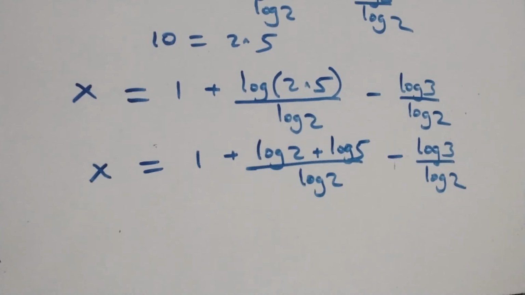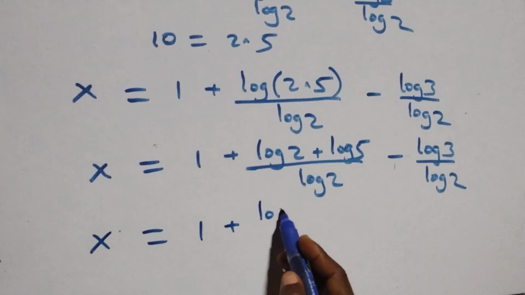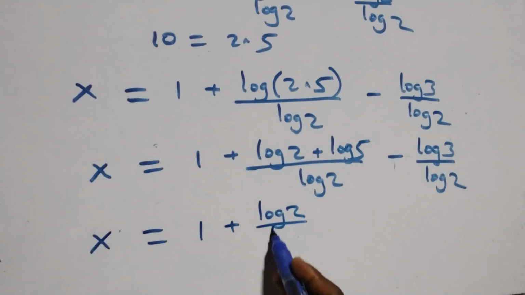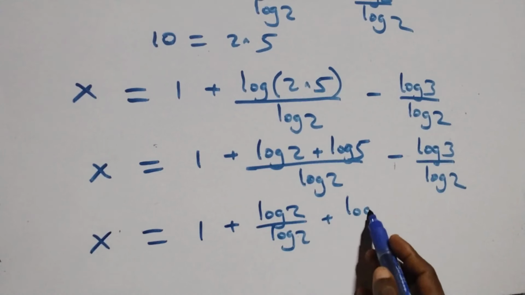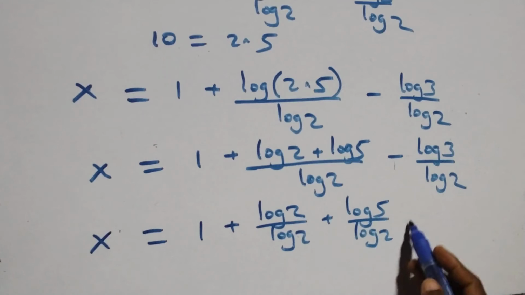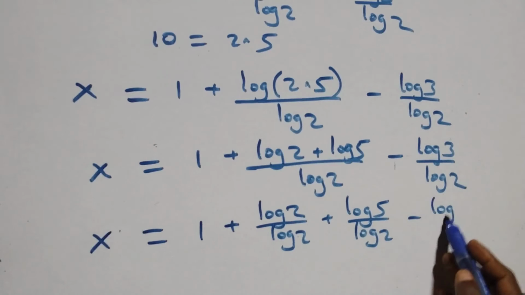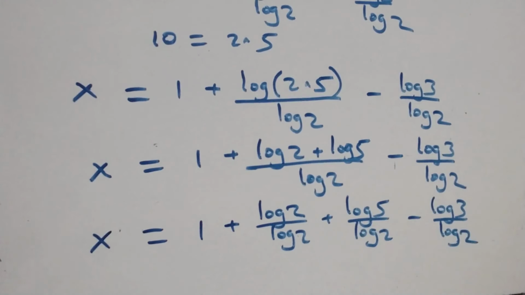We separate this into two fractions, and we have x equals to 1 plus log 2 over log 2 plus log 5 over log 2 minus log 3 over log 2.